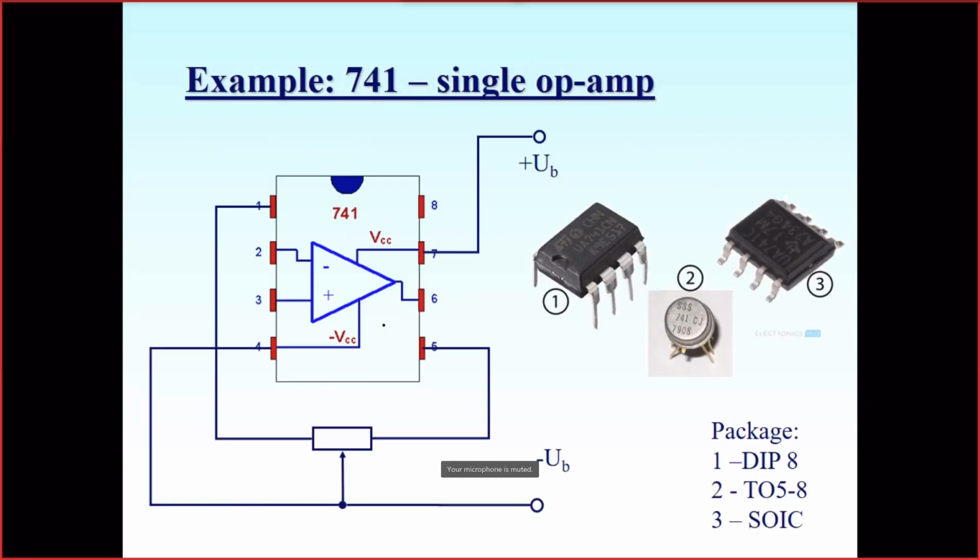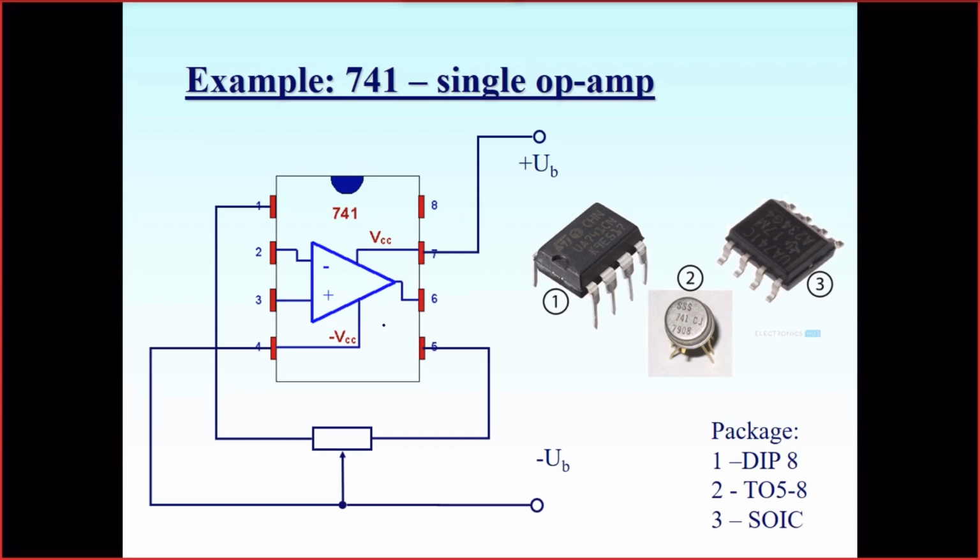Some examples. One of the oldest and still used operational amplifiers is the 741. It's a single op-amp, usually manufactured as a single op-amp chip.